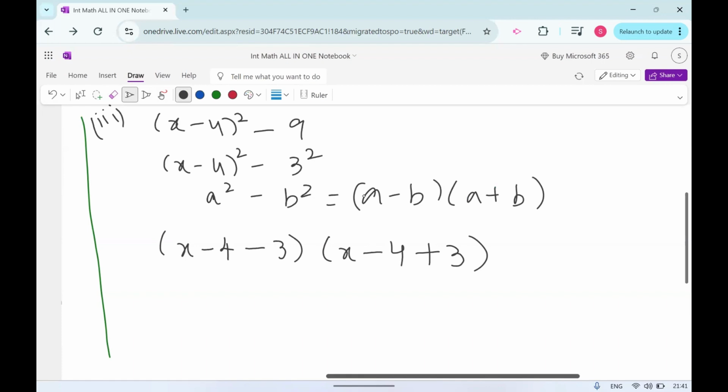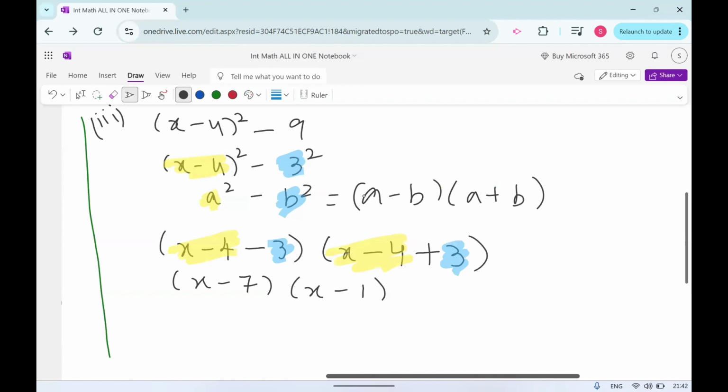As per this identity, our a is x minus 4, so I got my a here, and our b is 3, so I got my b here, once with a plus and another with a minus. I'm going to simplify because these brackets can be simplified. I will get x minus 7 and x minus 1. So this is another variety of factorizing, which is difference between two squares.